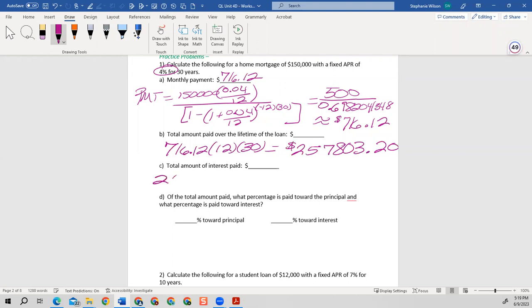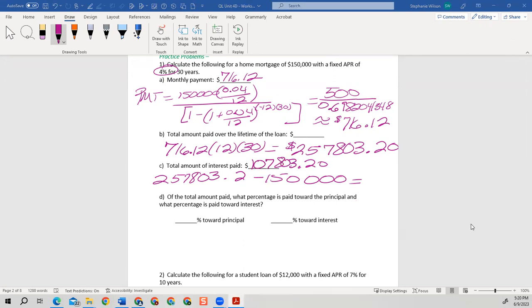You'll take this 257,803.2, subtract that 150,000, and when you do that, we're going to have a difference, which is the interest that's paid on it, which is going to be 107,803.20. Pretty close to half.